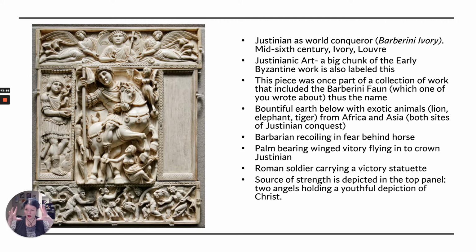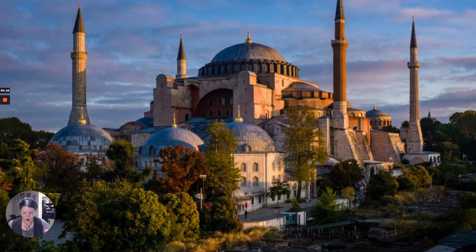So it's this really interesting piece that's bringing in all these different sources that would be familiar and new to say that Justinian is the world conqueror, he is the new leader. So pretty interesting thing.